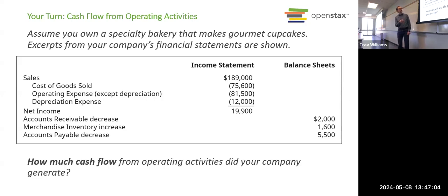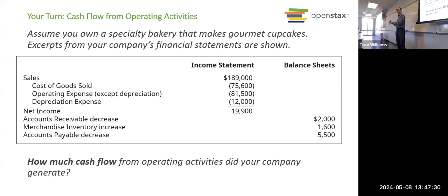Then merchandise inventory is another short-term asset, it increases. So what do we do with cash? Decrease, right? Just remember, all of your calculations, you're doing the opposite. You're reversing your depreciation, you're reversing gains and losses, you're reversing any changes in assets.